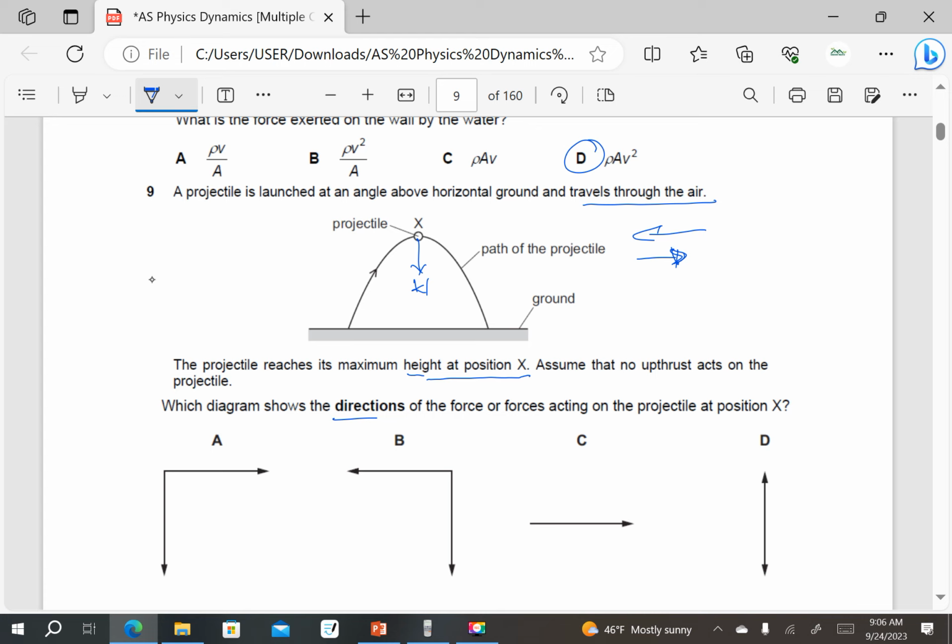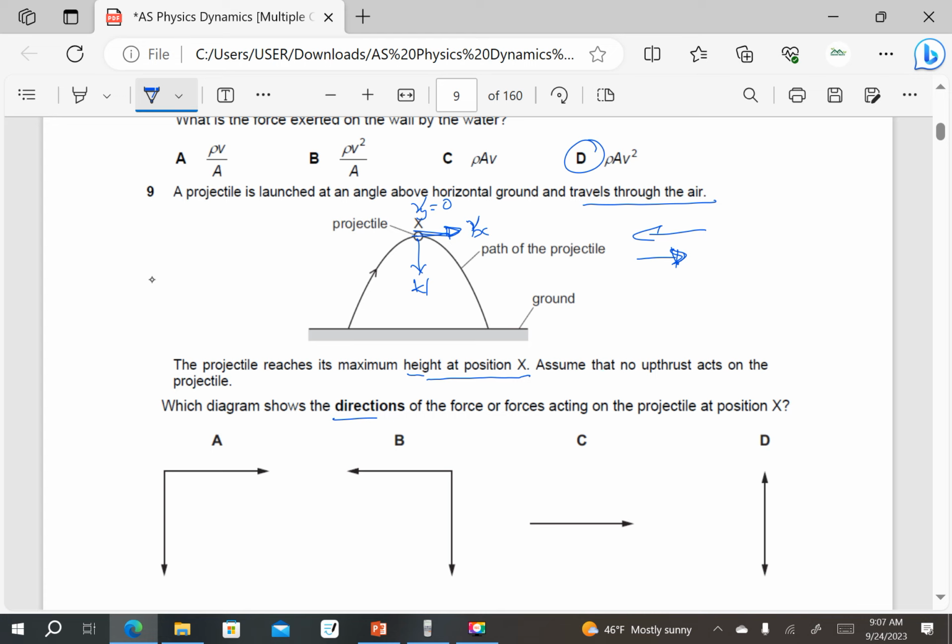So the projectile reaches its maximum height at position X. When it is just at X, the only velocity acting is velocity in the horizontal. Velocity in the horizontal is there, but velocity in the vertical is 0. So v in the y is 0 here. It's only the horizontal velocity which is acting to the right-hand side.